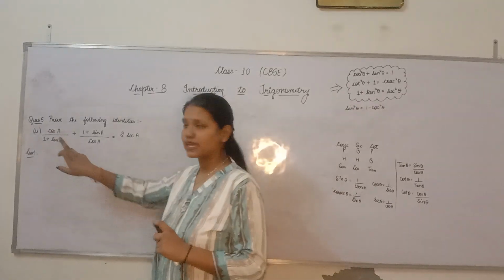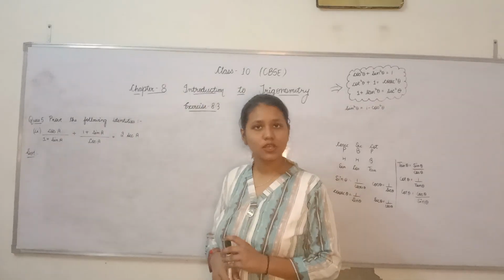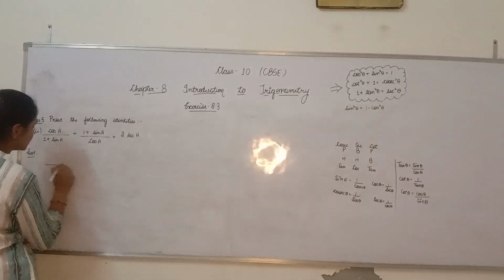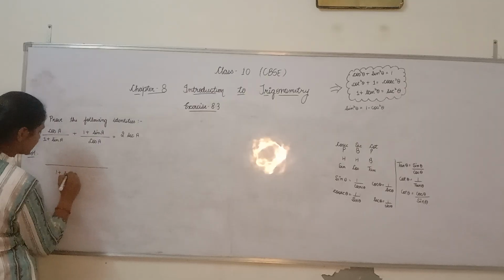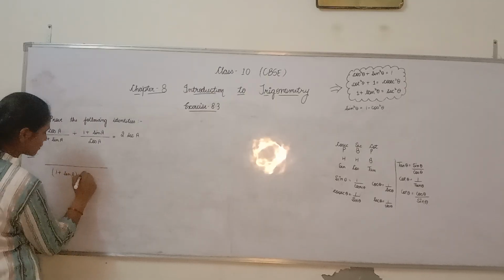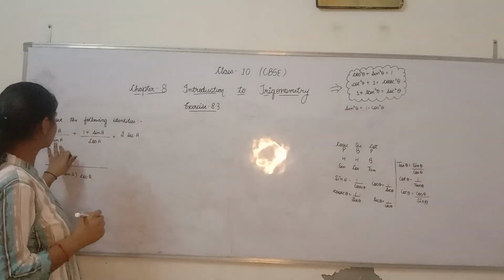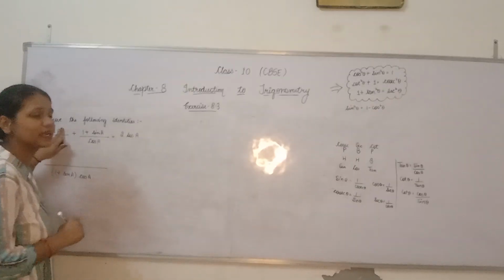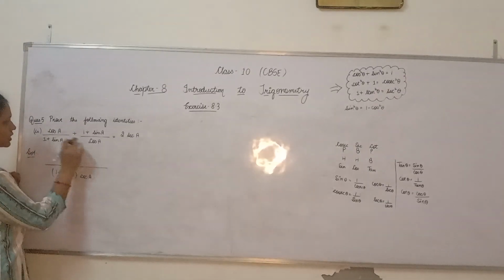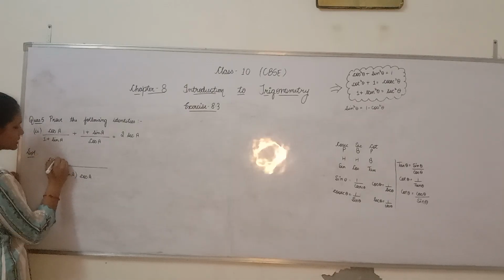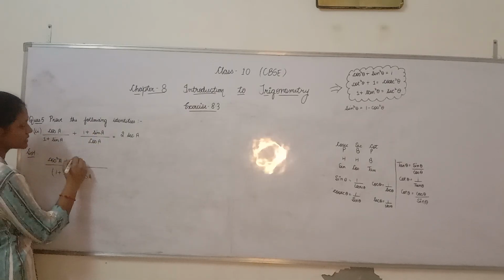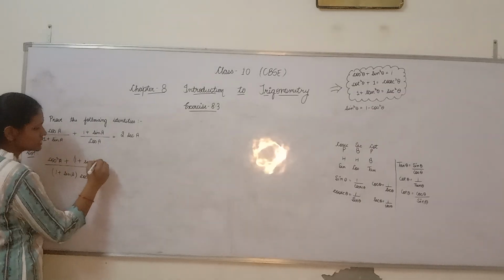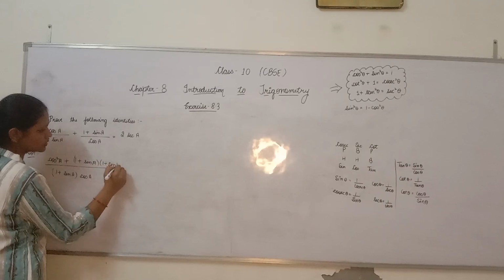The LCM of 1 plus sin A and cos A. The denominator becomes 1 plus sin A multiplied by cos A, and this 1 plus sin A is multiplied by 1 plus sin A, and this cos A is multiplied by this cos A. It becomes cos A multiplied by cos A, that is cos square A, and 1 plus sin A multiplied by 1 plus sin A becomes 1 plus sin A whole square.